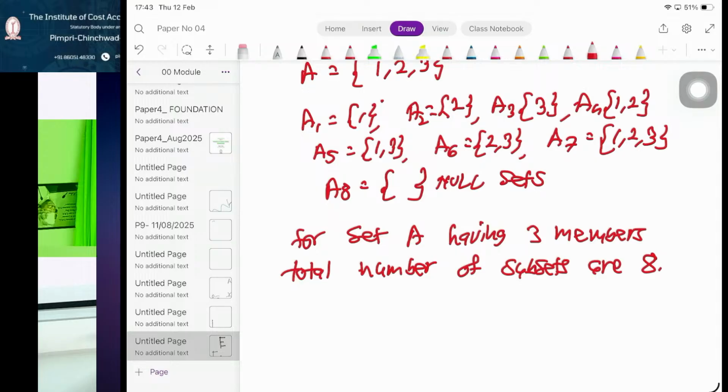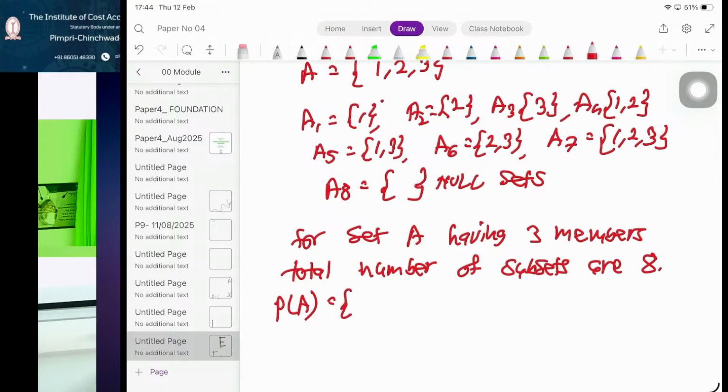So, collection of all these subsets form a new set that is called power set, and it is denoted by power of A. So power of A is, I will write down all the sets.